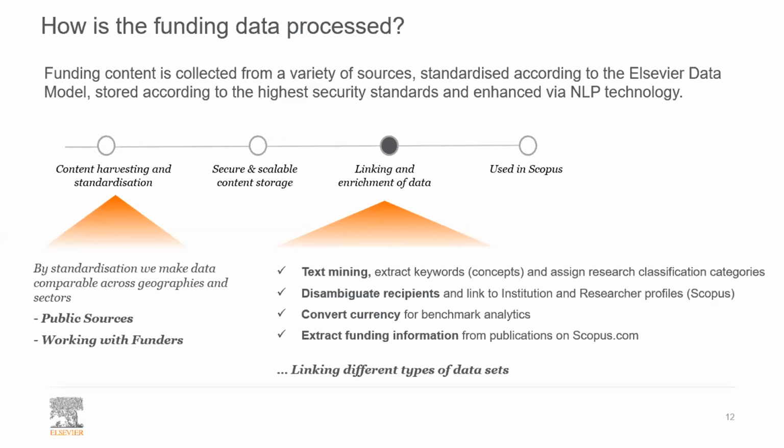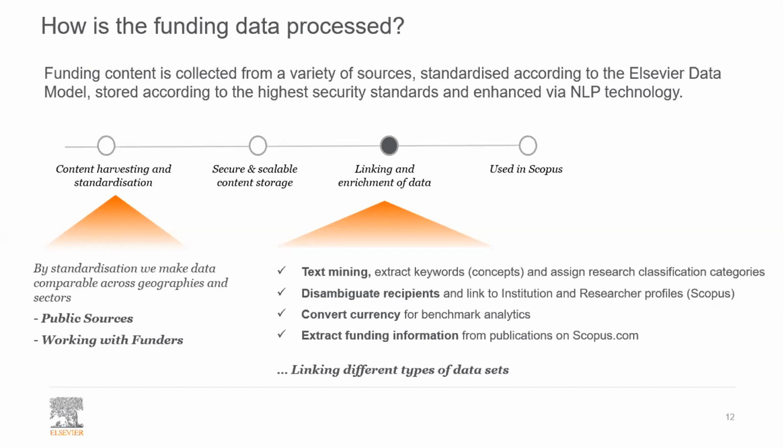And the first step we take is to standardize the data according to the Elsevier data model. The underlying model makes collected metadata comparable across geographies and across sectors, right? Because, a simple example, some funders will call it a title, some funders will call it a name, and so on.